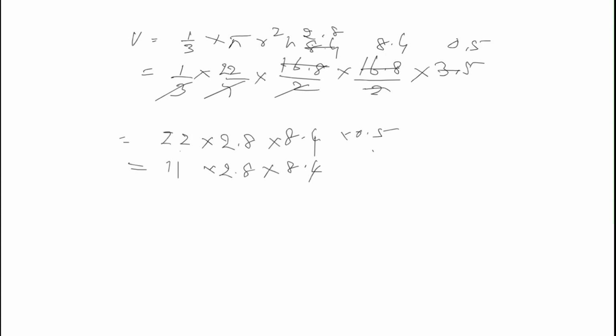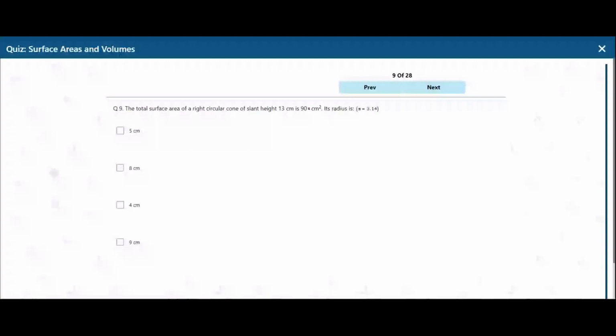Next, Mahantesh. The PSA of a cone is 90 pi. Pi you have to take as 3.14. Slant height is 13. We have to find the radius.